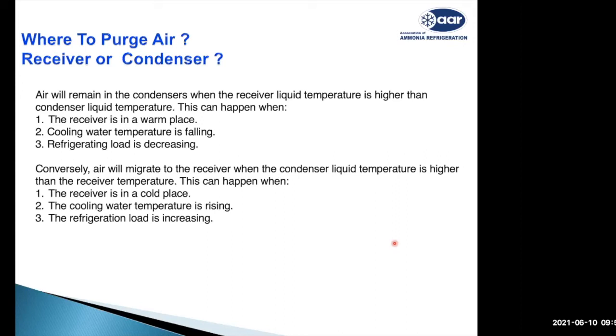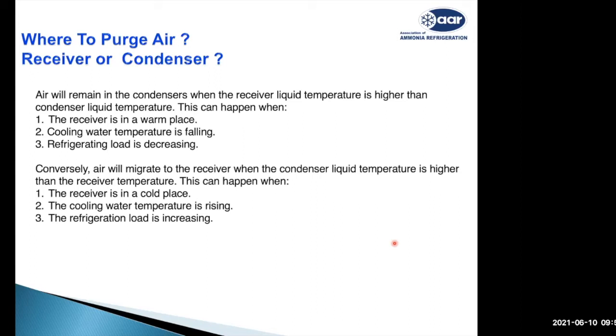Then my condenser becomes warmer than the receiver, and then the air will migrate to the receiver. So these are the conditions. Some of these conditions are permanent, like the location and the warm location of the receiver and condenser.